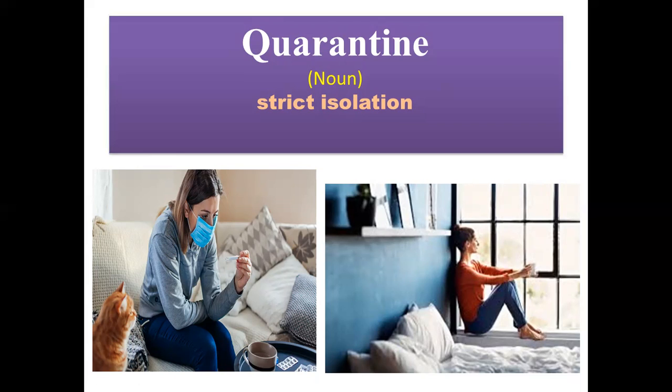It is usually done when there is an epidemic going on around or when the doctor prescribes or recommends it. And I think you have heard it quite often these days. So quarantine is, we all are at the moment quarantined.